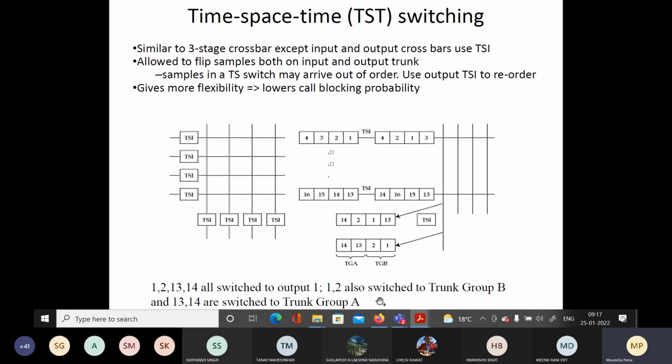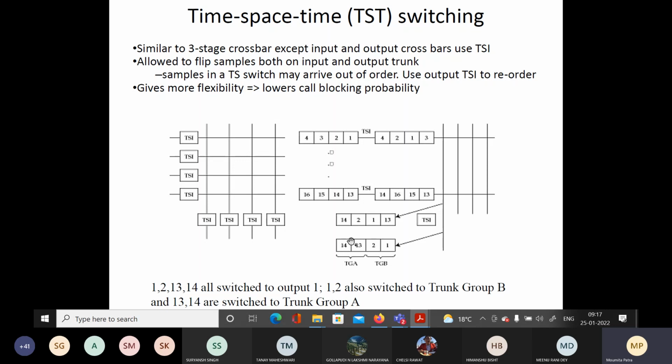One is trunk group A and another is trunk group B. So 1 and 2 are part of trunk group B, and 13 and 14 are part of trunk group A. Once the TSI here receives this kind of a sample, it interchanges that sample, and then again we get this exact ordering that we were looking for. That means you have 1 and 2 which belong to trunk group B, and 13 and 14 which belong to trunk group A.